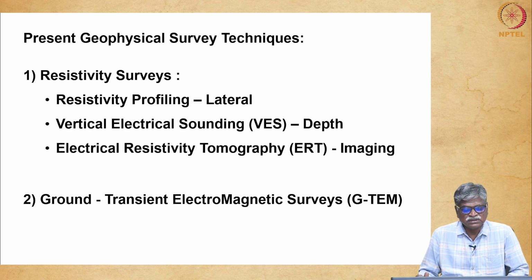That is the advanced technology for groundwater. Nowadays everybody all over the world is using ERT methods, and ground electromagnetic methods are also used. That is also useful for groundwater.